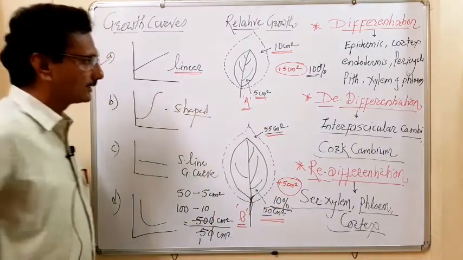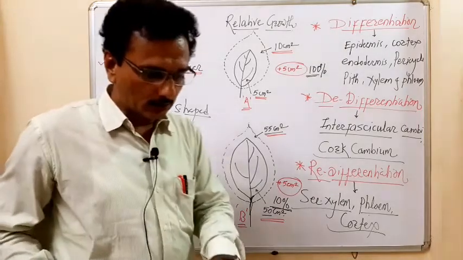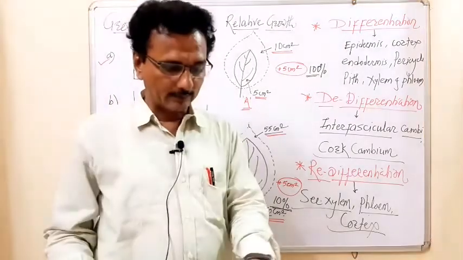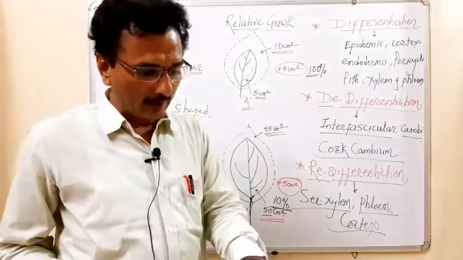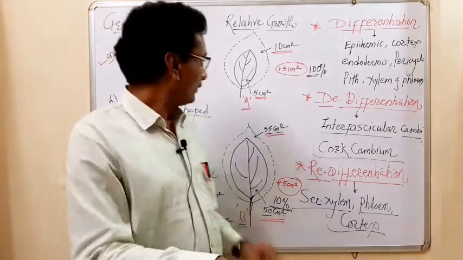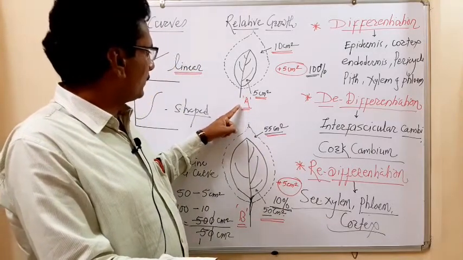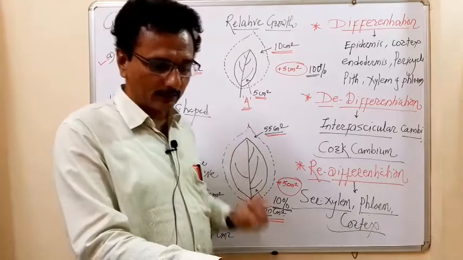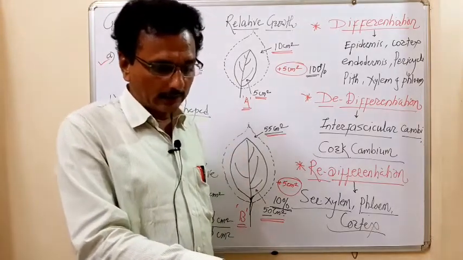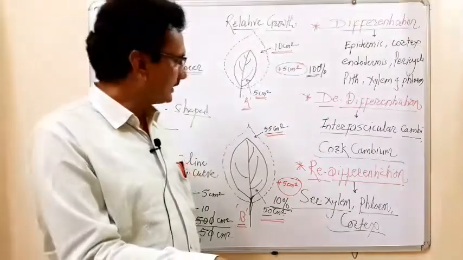So see, students, what is the correct answer? The correct answer is the third option. The absolute growth for leaf A is 5 centimeter square, and the relative growth rate for leaf A is 100%.